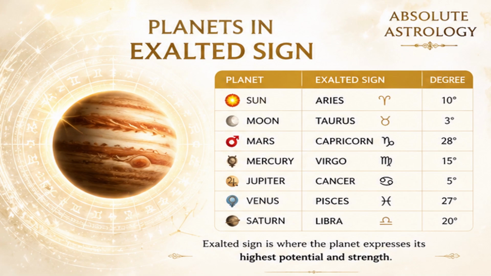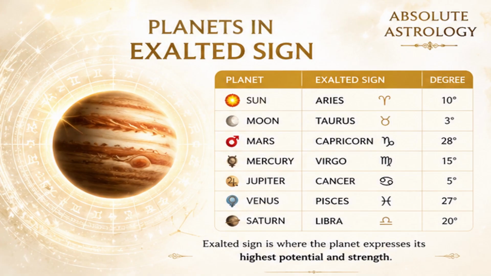This is a kind of relief we get when we have these alternate solutions. The other thing I would like to say here is that the debilitated planet is placed in 1, 4, 7 or 10th.